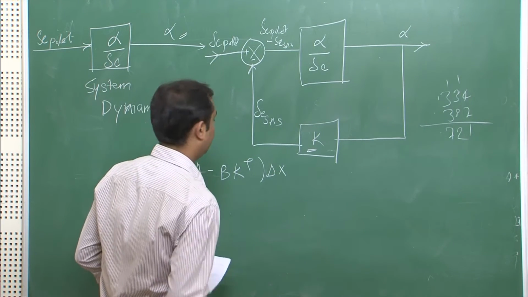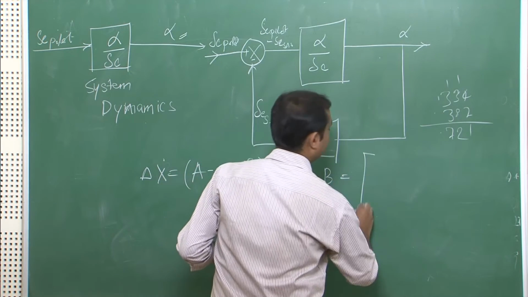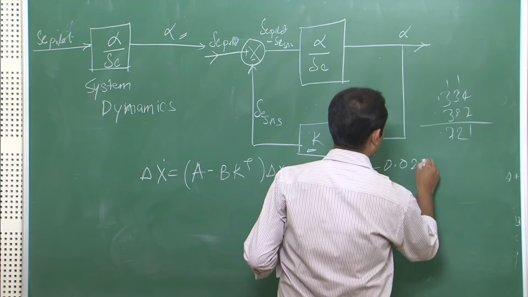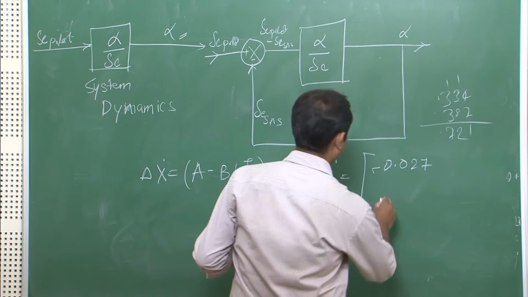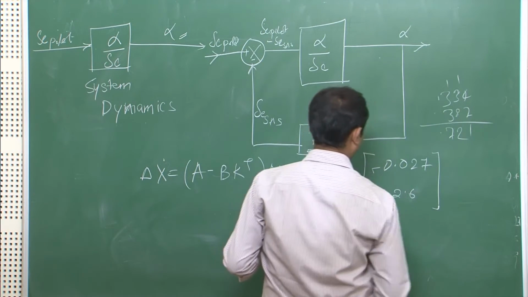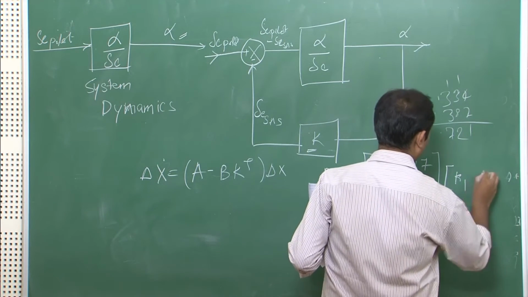So in this question, your B matrix is given by minus 0.027 and minus 2.6. Your value of K transpose, or K, is K1 and K2.